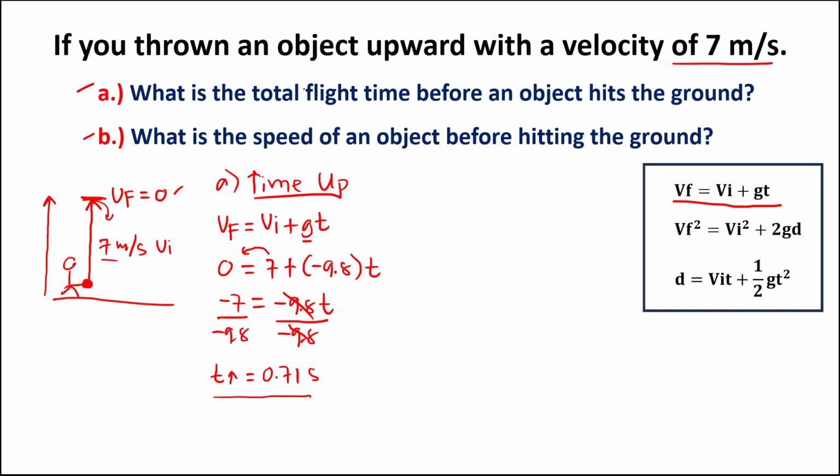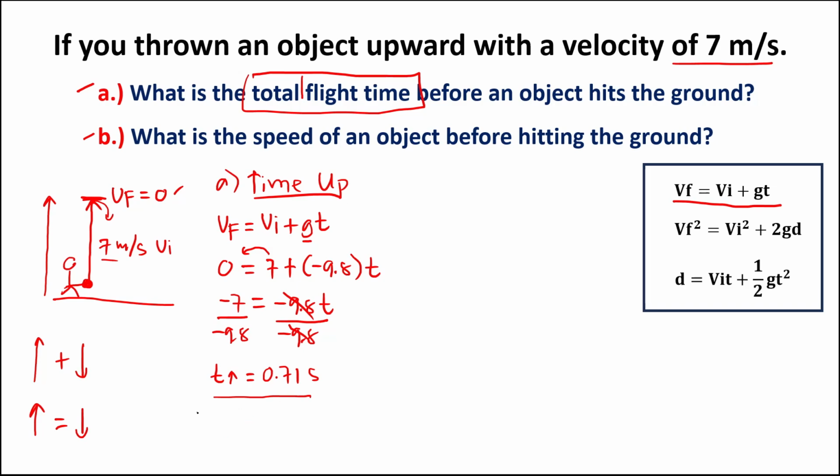Now take note that we're looking for the total flight time. To find the total flight time, this is equal to the time up plus the time down. But since the time up is equal to the time down, to find the total flight time we just need to multiply the time up by 2.